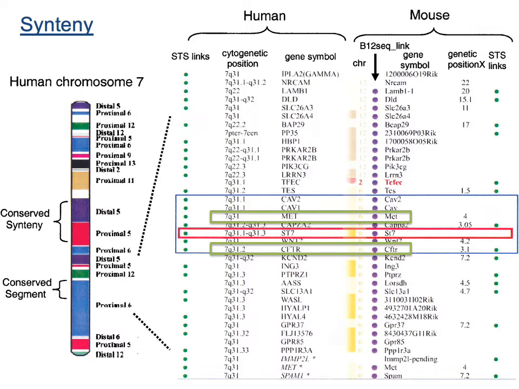In green, you can see the MET marker that we read about in Watkins, and then you can see this other one, ST7, and then lastly in the lower green box is the CFTR gene itself. So notice the order of these markers is conserved, and you can look beyond this and see that the order of many of these markers is conserved between the two organisms. So that's what synteny is.